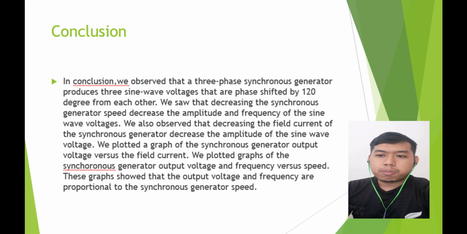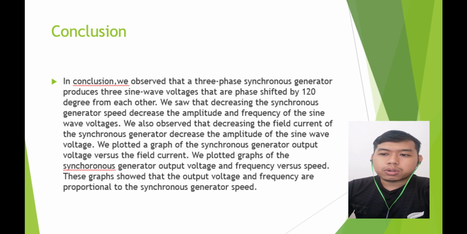We plot a graph of the synchronous generator output voltage versus the field current. We also plot a graph of the synchronous generator output voltage and frequency versus speed. This graph shows that the output voltage and frequency are proportional to the synchronous generator speed.